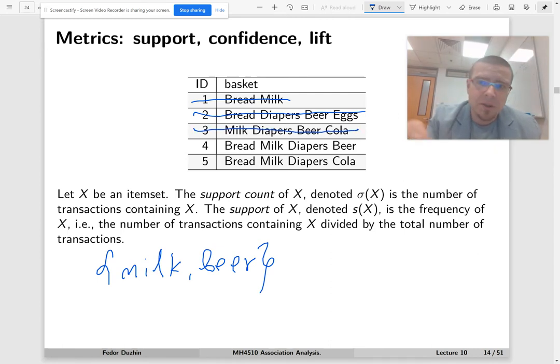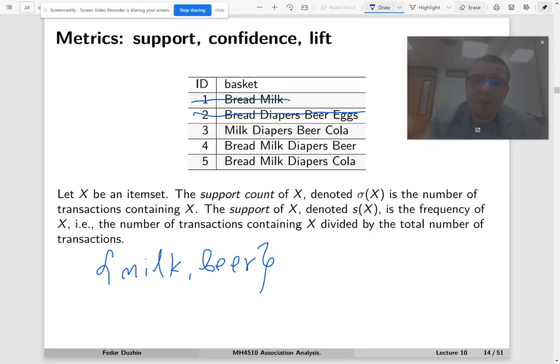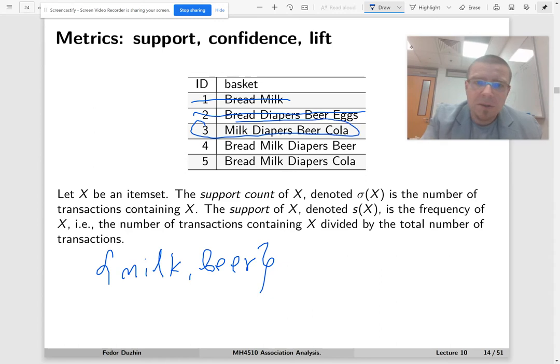Number 4 contains milk and beer, so correct. And number 5 contains bread, milk, but no beer. So out of 5 transactions, 2 contain milk and beer.